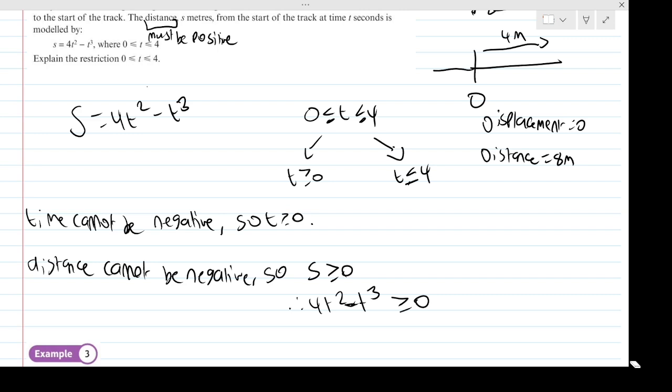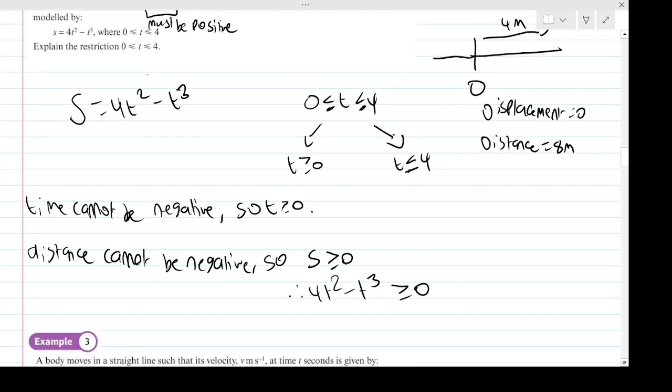So we need to be a bit clever with this. Hopefully you can spot that we can factorise. If I factorise a t² out, I get t²(4 − t) greater than or equal to 0.